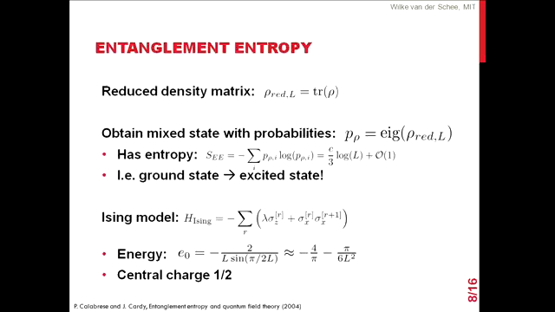It's minus the sum of the probabilities times the logarithm of the probabilities. And in fact, in conformal field theories, this behaves like the central charge over 3 times the logarithm of the number of sites, so that is this formula.